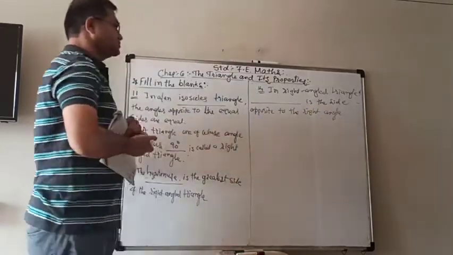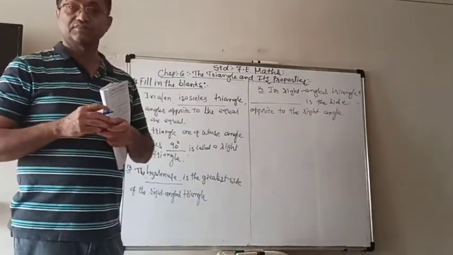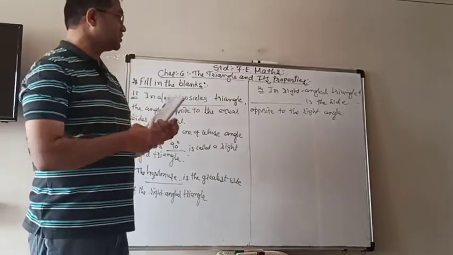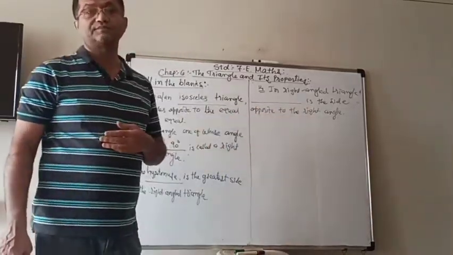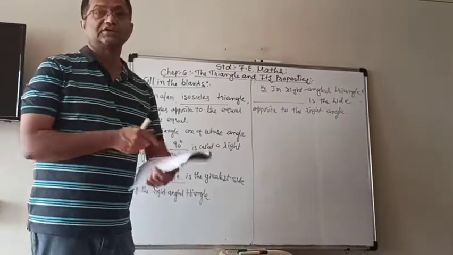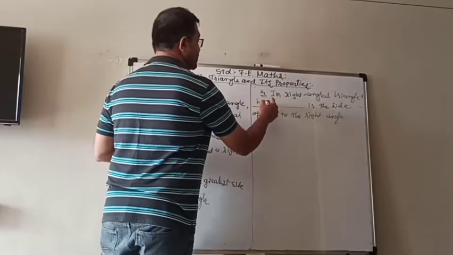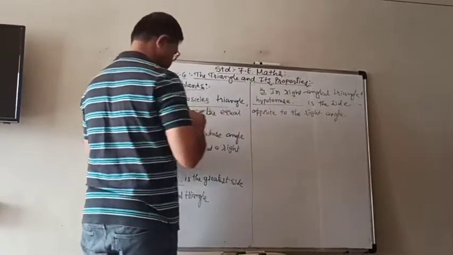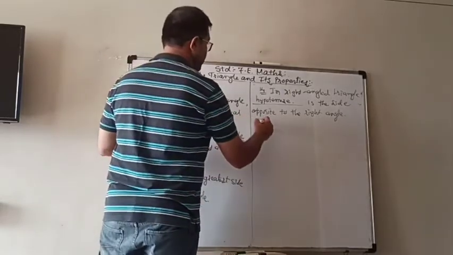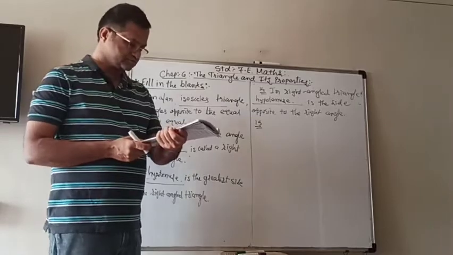It is just to make you confused, the same thing is there. The side opposite to the right angle, what is it called? Obviously, it is called the hypotenuse. So the hypotenuse is the side opposite to the right angle.